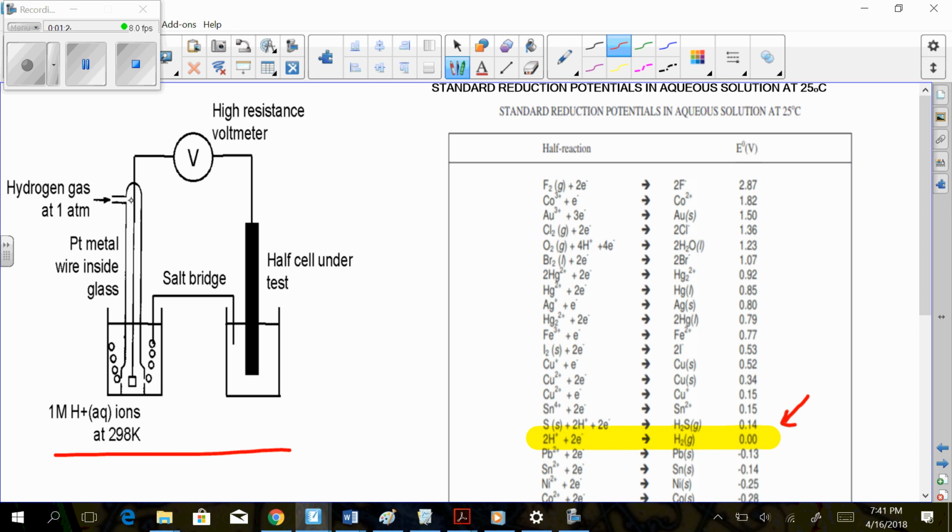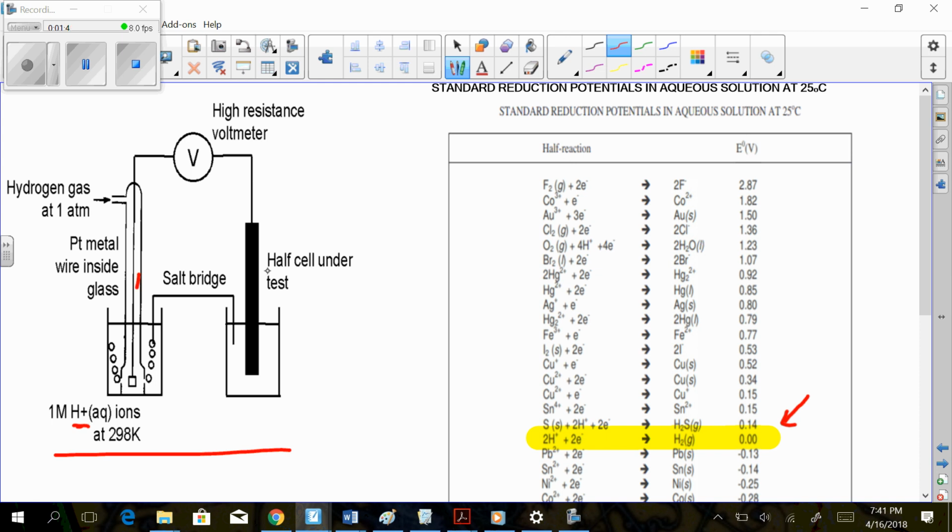Now, if you look at this, we have hydrogen gas in this glass electrode. There is a platinum metal inside. We use platinum because platinum is inert and doesn't react. There are H plus ions in that solution.